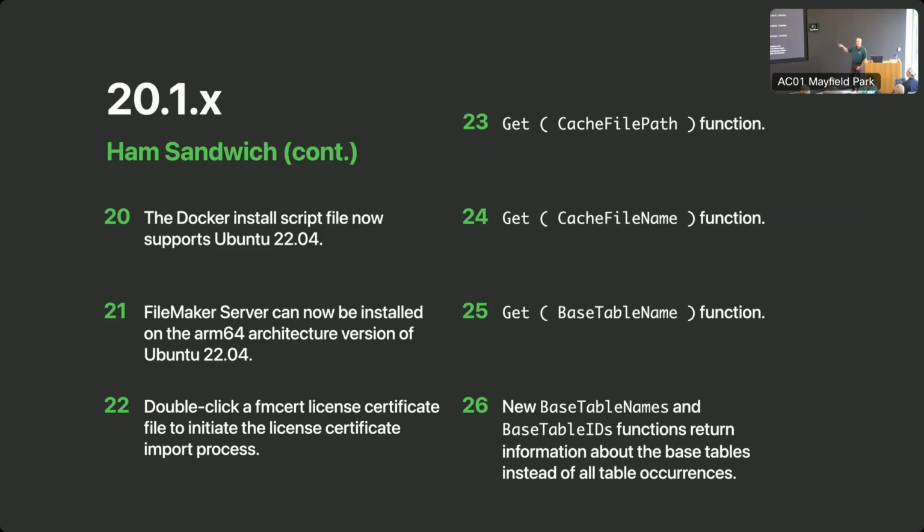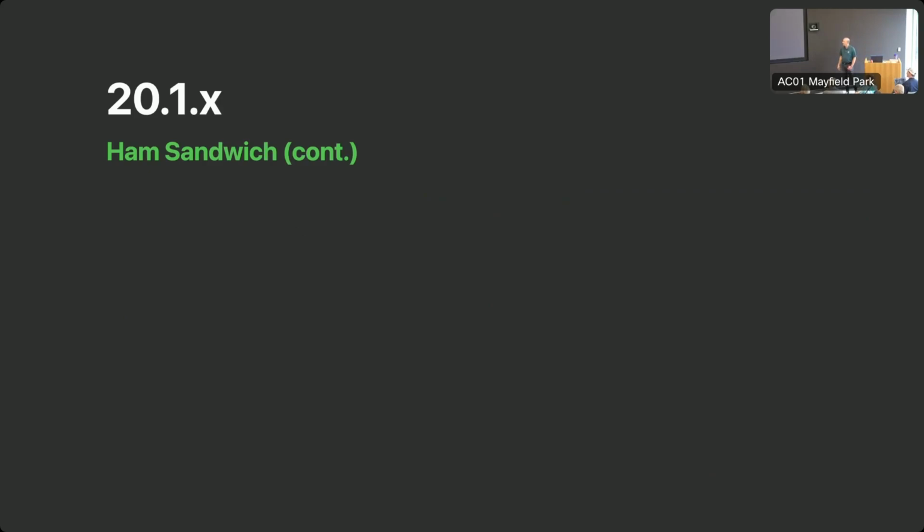You can get the base table names, the first function, and then the base table names and base table ID functions return information about the base tables instead of all of the table occurrences. So if you're using those functions, you want to make sure that you are still getting the result that you want, since you're not getting as many base tables.